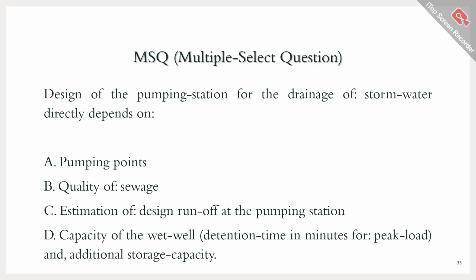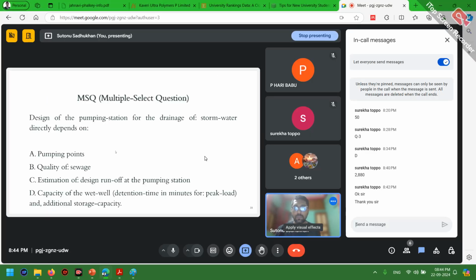Pumping station design for the drainage of storm water directly depends on which of the following factors? One is pumping points, another is quality of sewage, another is estimation of design runoff at the pumping station, and capacity of the wet well and storage capacity. Basically, it is your additional plus storage; the total capacity of the wet well you can consider.